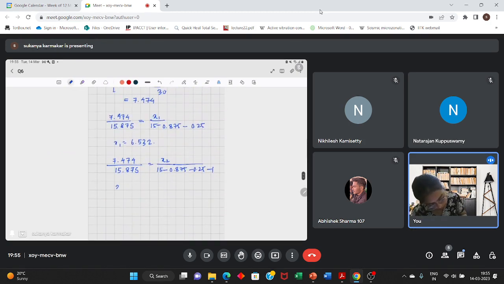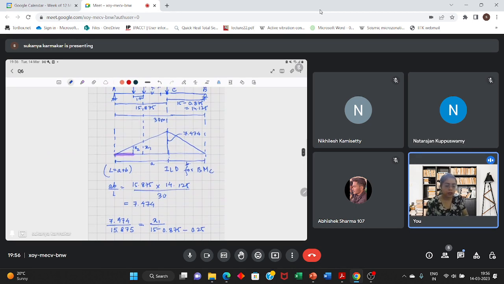From here, x2 is 6.062. From here, you can calculate the maximum bending moment under 80 kilonewton load.